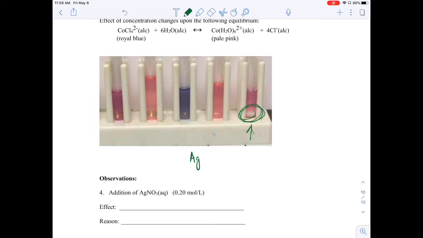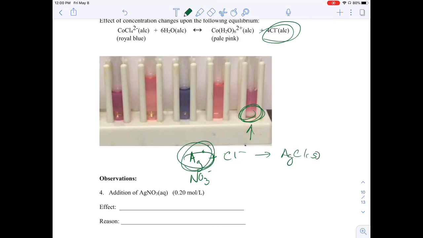We've got silver ions, and we've added some nitrate ions. What's going to happen is the silver ions react with these chloride ions to make silver chloride solid. And so we're actually removing the chlorides here.